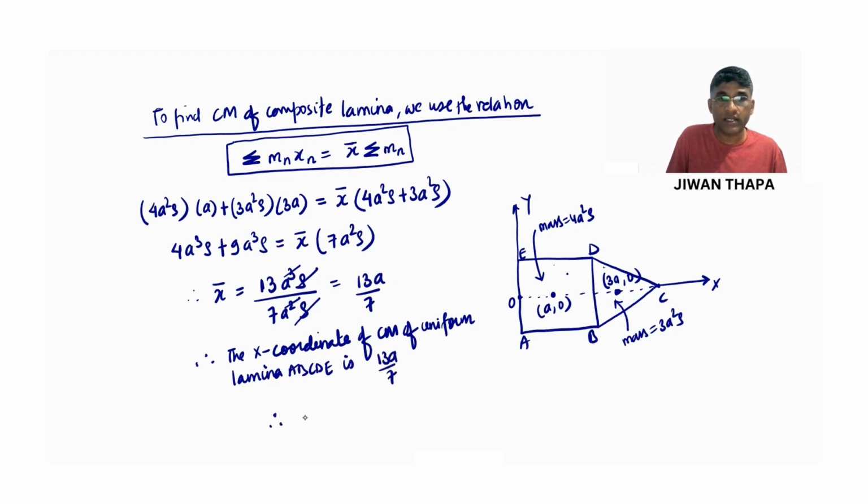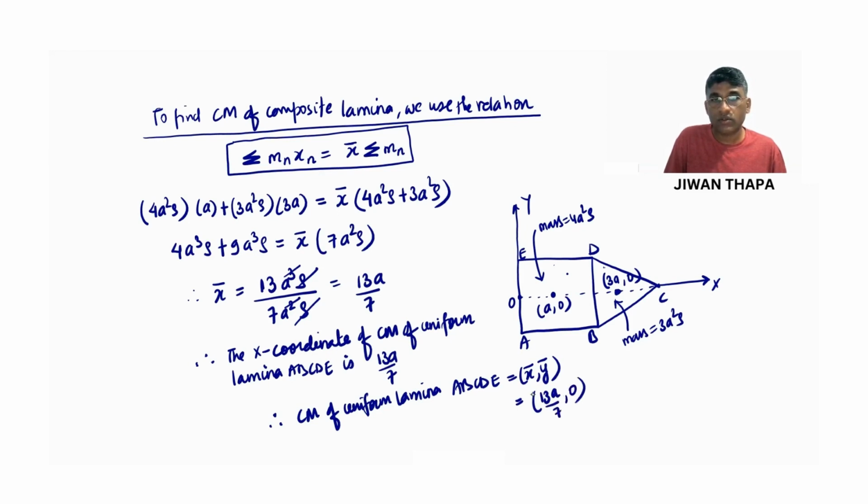Or we can write it this way: center of mass of uniform lamina A, B, C, D, E equals 13A by 7, comma 0. So we have this.